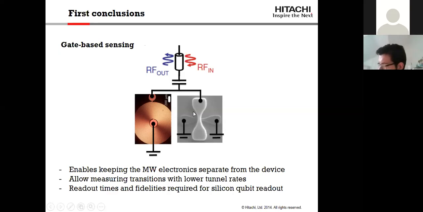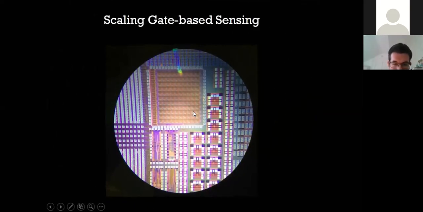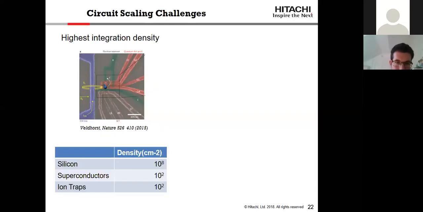Good. Okay, I think I have another 10 minutes, so I'll be talking about how scaling gate-based sensing can be done. So in silicon, we always talk about being the platform that provides the highest integration density of all the solid state and non-solid state systems.